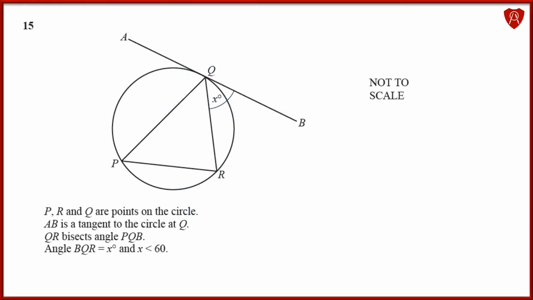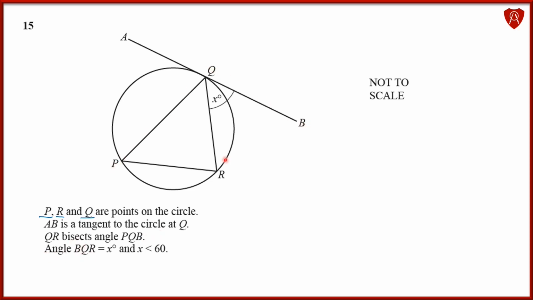Question 15. P, R, and Q are points on the circle. AB is a tangent to the circle at point Q. QR bisects the angle PQB.